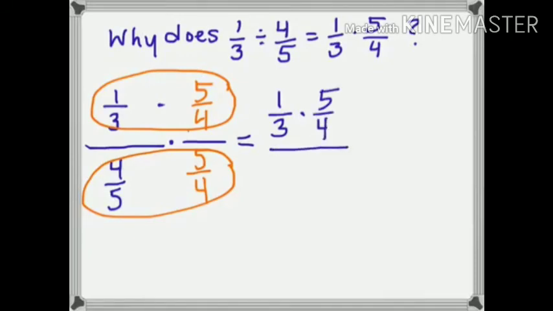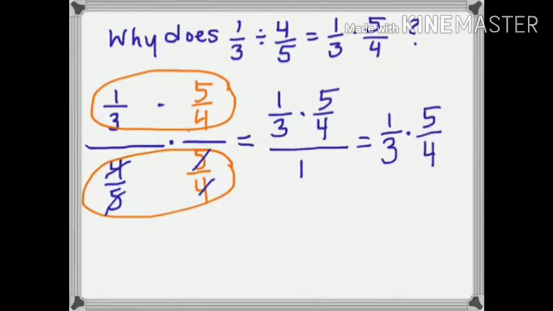But I am going to do the denominator, 4/5 times 5/4. Alright, so notice the 4's will cancel and the 5's will cancel. Okay, and that actually just gives me a 1. And if I divide 1/3 times 5/4 by 1, that just equals 1/3 times 5/4. It doesn't change the answer.